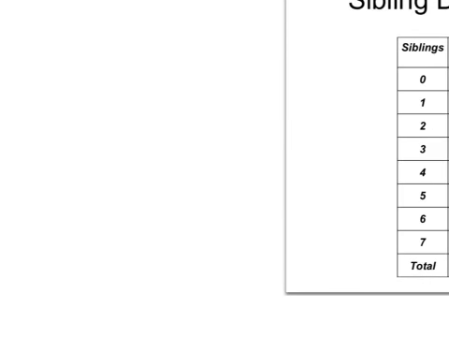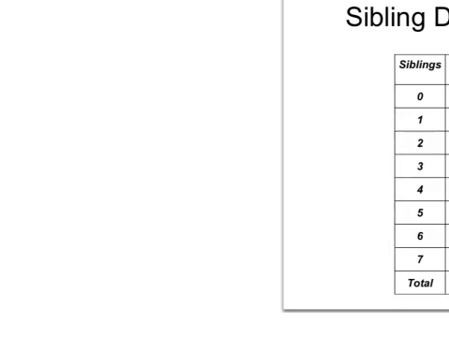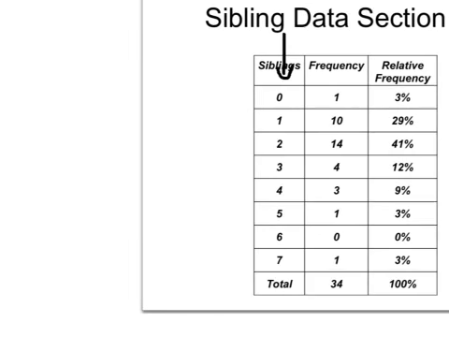So along the horizontal axis, we will put the siblings, and as we discussed before, we can either use the frequency or the relative frequency, and the shape of the distribution is going to be the exact same thing.